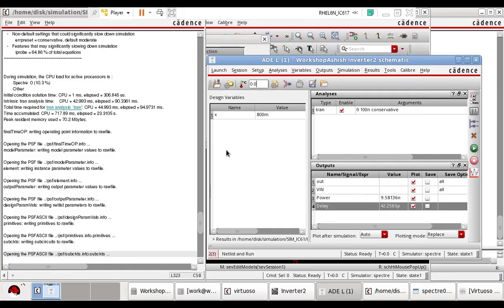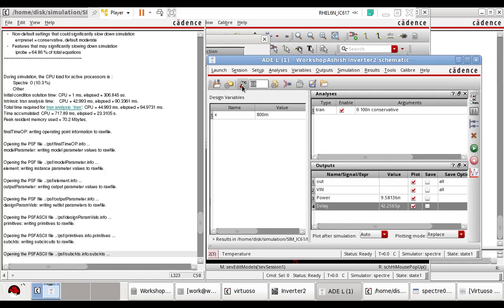The power dissipation has come down. It was 9.70 at room temperature, 27 degrees Celsius STP, and the delay was 42.01. Means as you decrease the temperature, the power dissipation comes down and the delay goes higher.